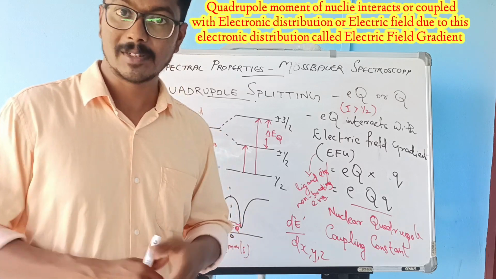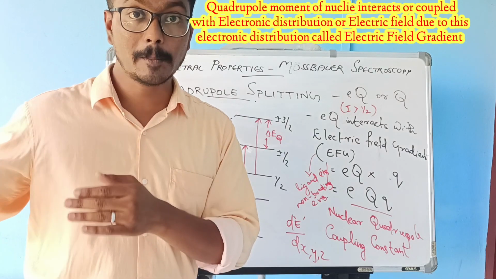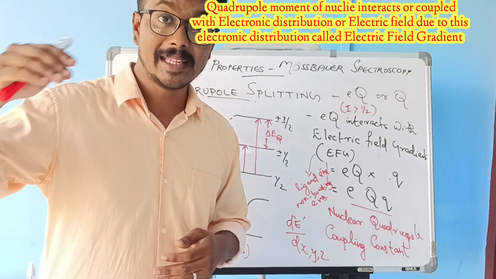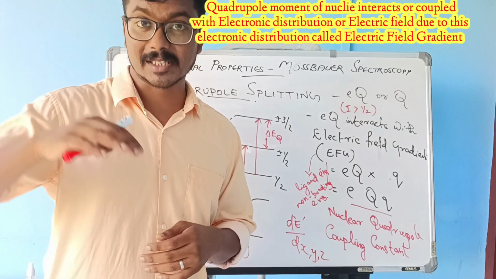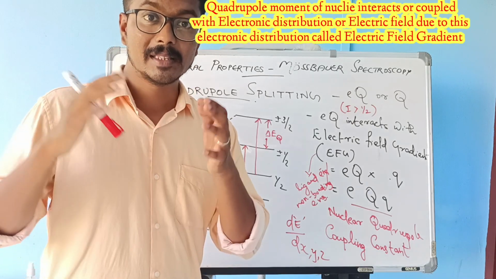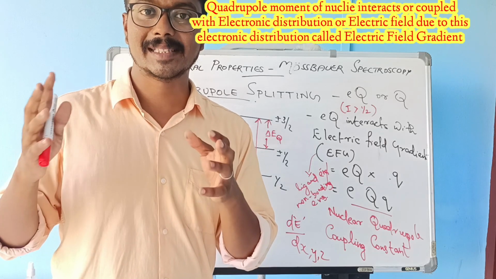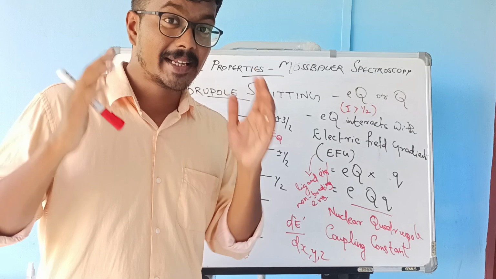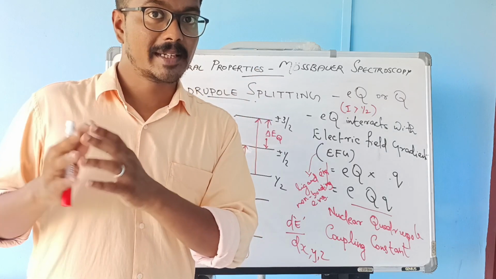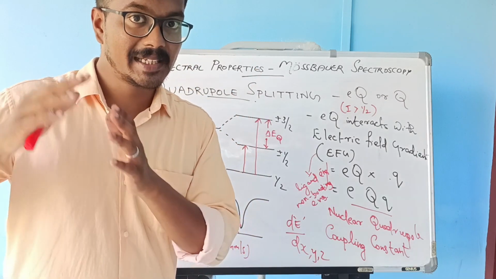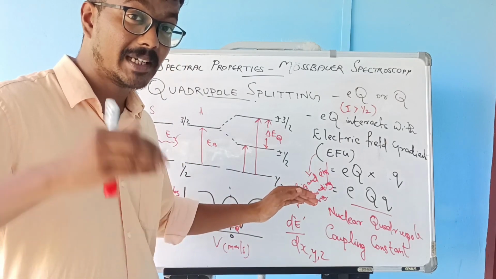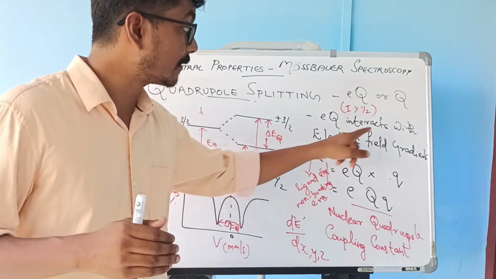Due to the presence of the ligands and the non-bonded lone pairs of electrons in those ligands, and the internal electronic distribution around the nucleus, these electrons create an external electric field. The rate of change of this electric field in each direction is known as the electric field gradient.